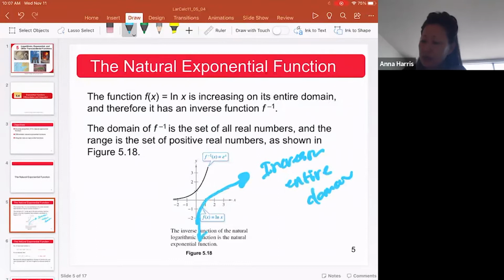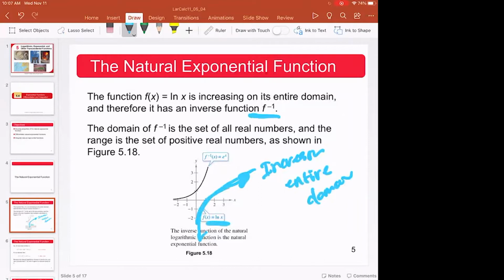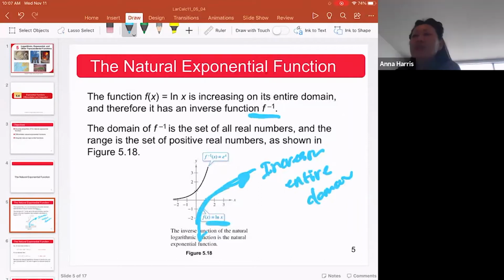It keeps going up. That's your natural log right here. All right, now let's look at that. Therefore, it has an inverse function, f inverse. That's how you write down your inverse function. So this natural log of x is an entirely increasing function. That means, yes, it will have an inverse function.